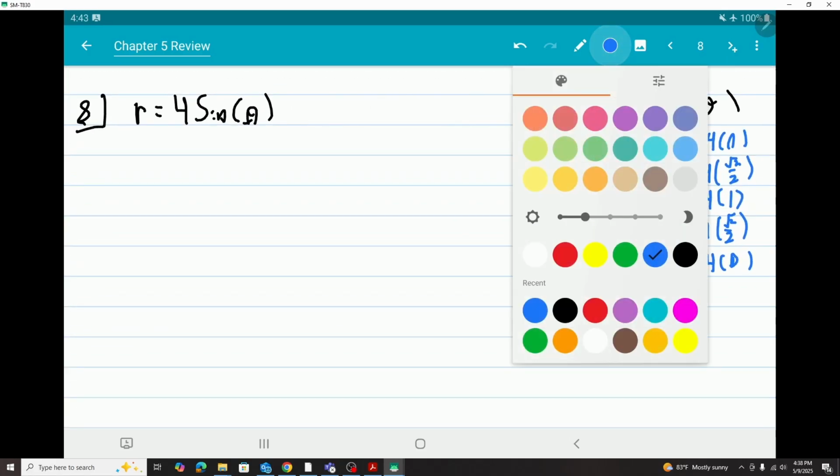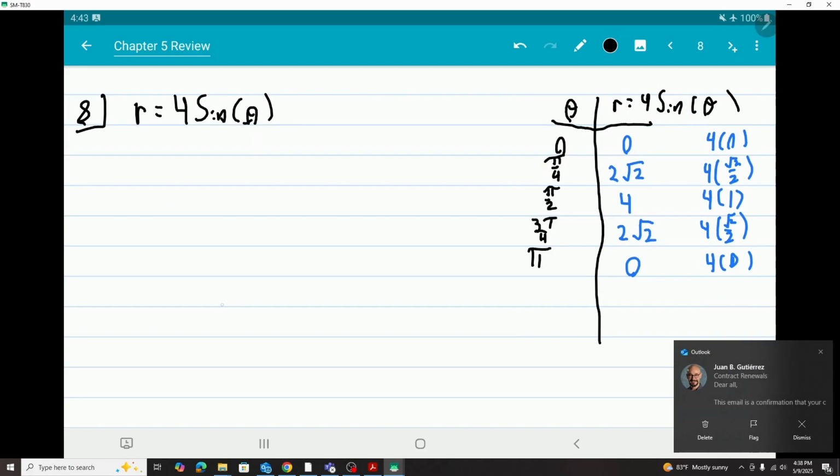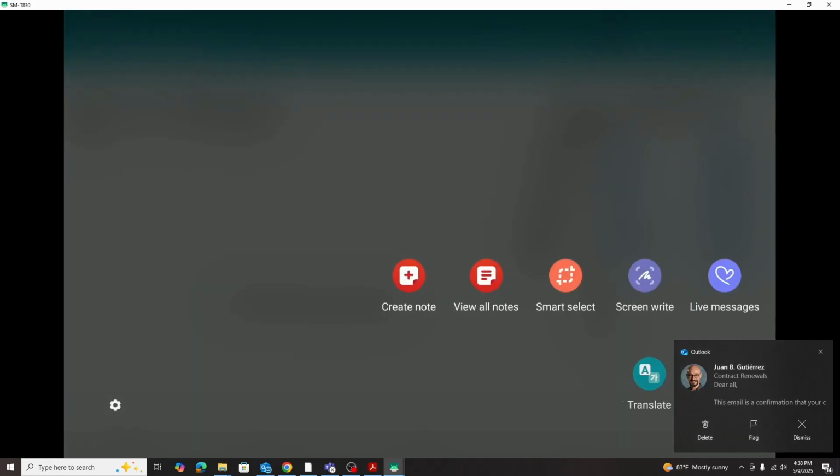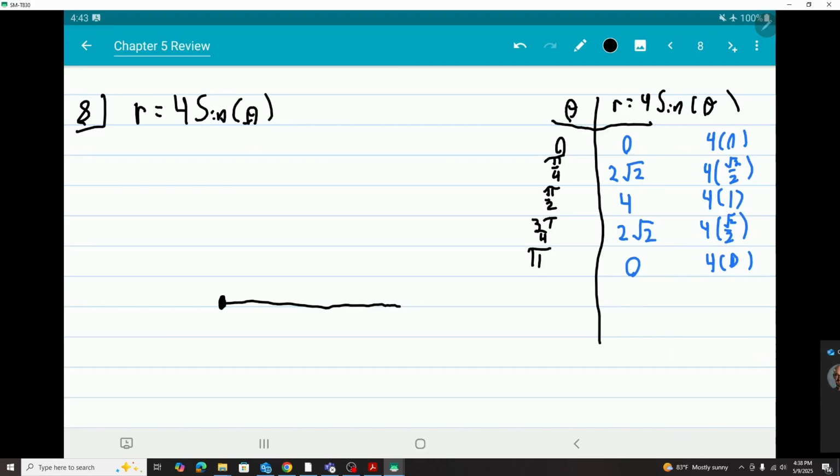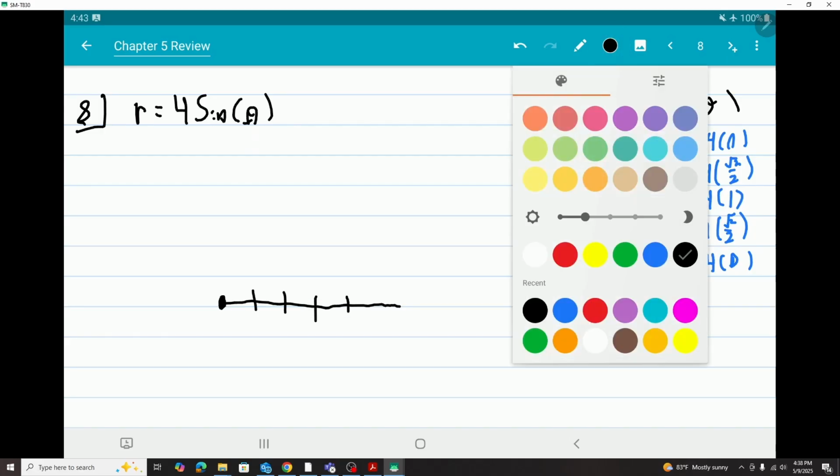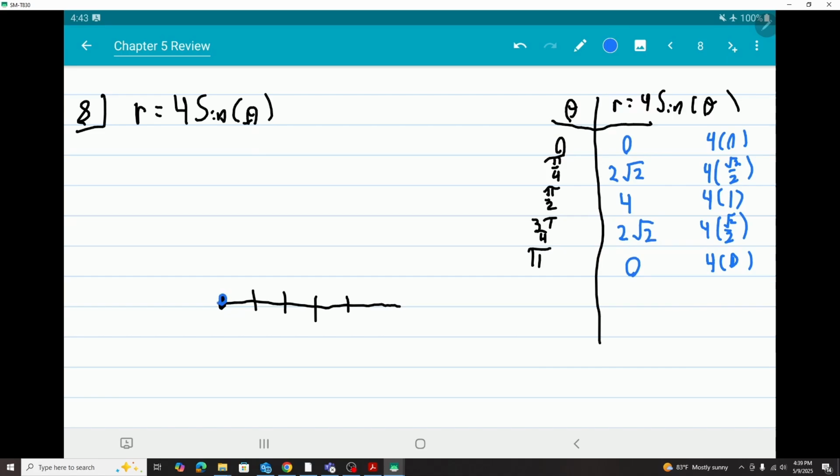And so now, armed with this information, I can draw my polar axis here. 1, 2, radius is 4, so let's go out to 4. And now I can plot point by point. So 0, 0 goes right here. Pi over 4 says it should be on this angle, and then 2 times the square root of 2 is roughly 2.8. I could put that on my calculator.